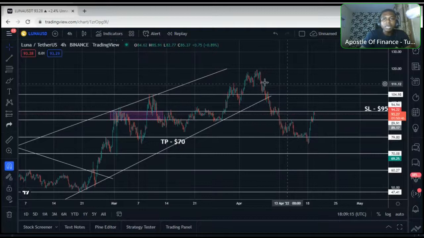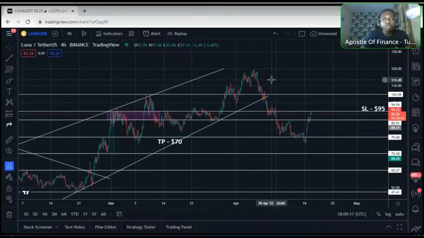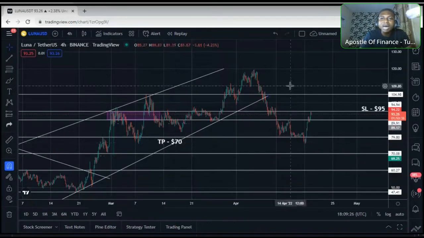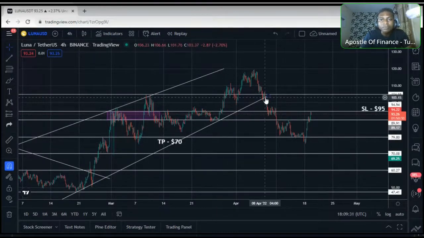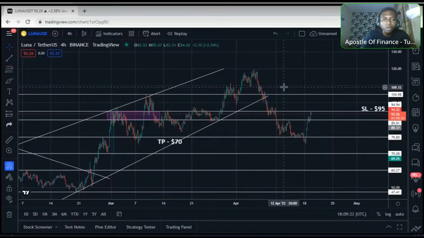Now, at what point have I been able to spot that Luna would actually go bearish? At the point where Luna breaks out of this trend line. As you can see, this is what technical analysis is: the ability to use charts, historical price, the candlestick to predict future occurrence. That's technical analysis.